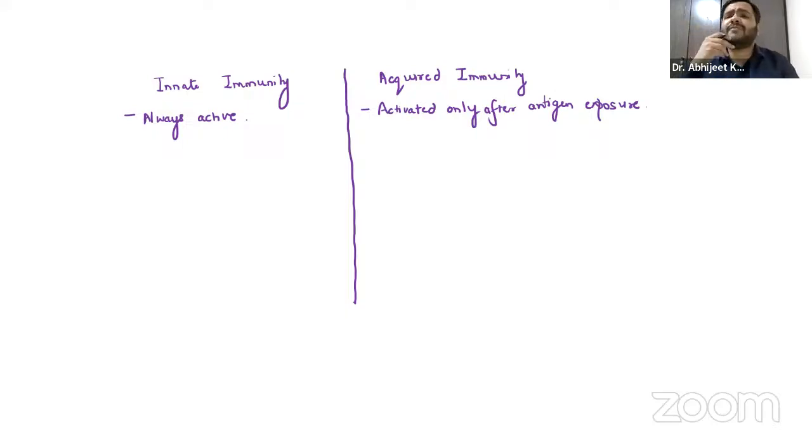Now, when we say that innate immunity is the primary or the first line of defense, you have to remember, if we talk about the basic examples, the first one that is protecting us from the bacteria and everything is the skin epithelium. Yes, the first line of defense, the skin epithelium, right? Whenever you take food particles inside your mouth, they go to the GIT and the respiratory part.